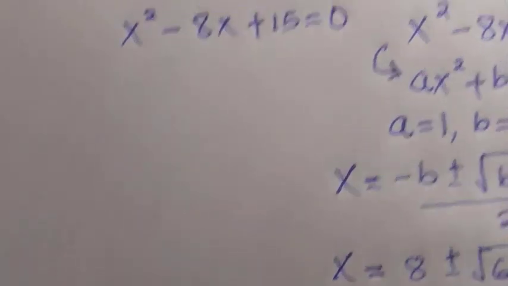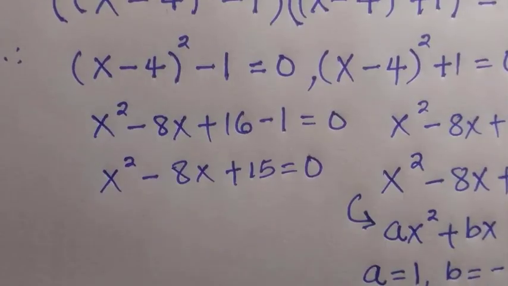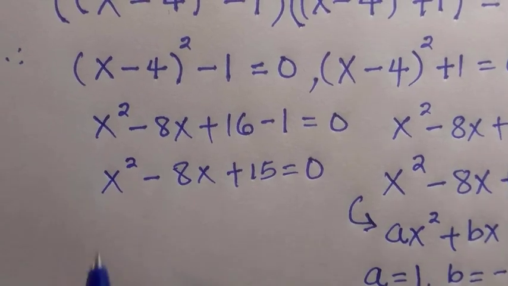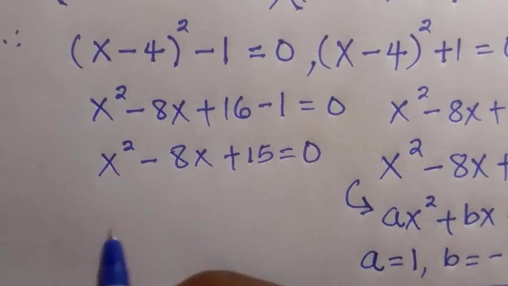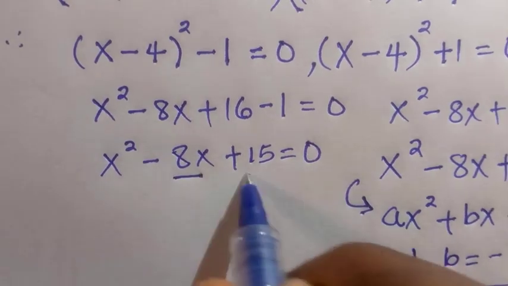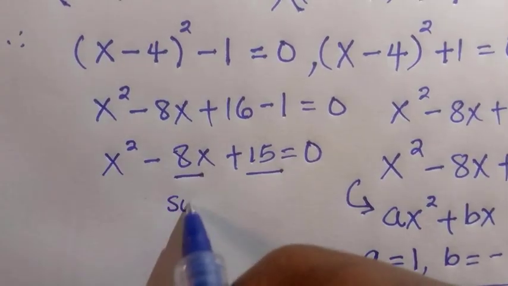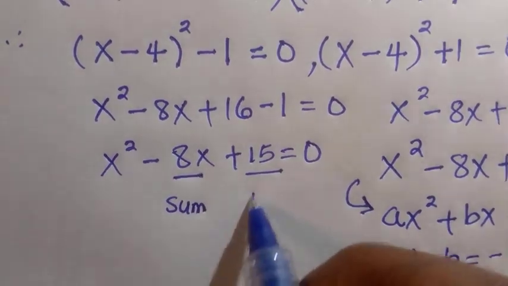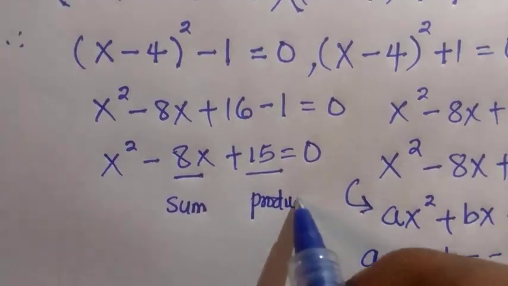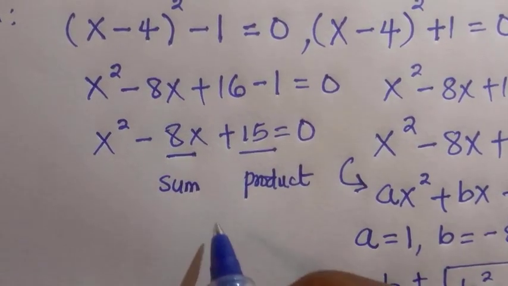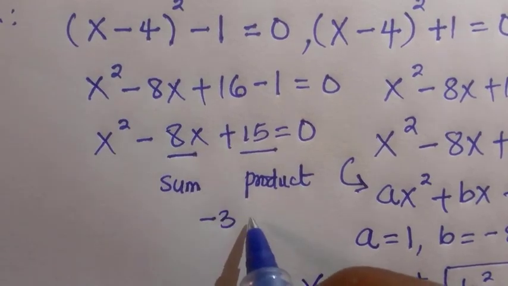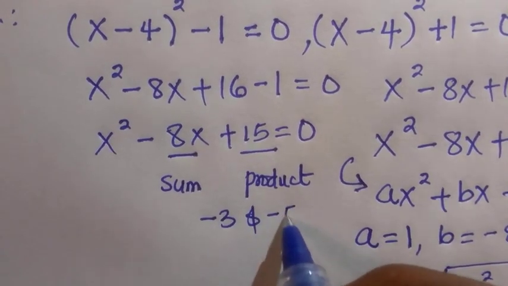We are going to get the real roots as well from x^2 − 8x + 15 = 0. Here the −8 we consider as the sum, and the 15 we consider as the product. We are looking for two numbers that when we add we get −8, and when we multiply we get 15.